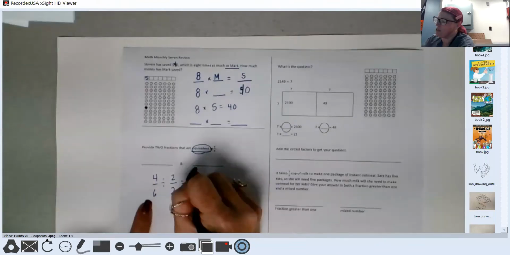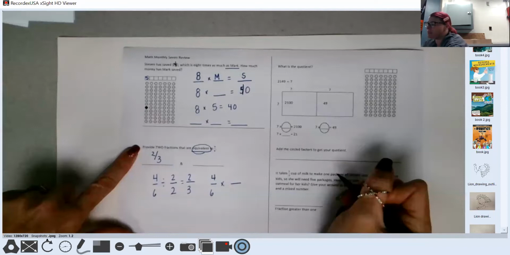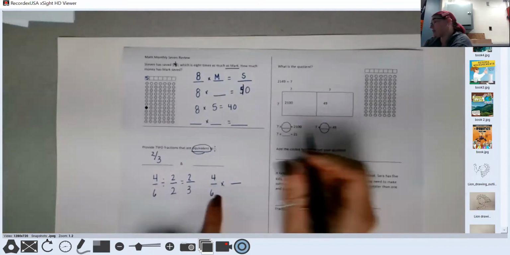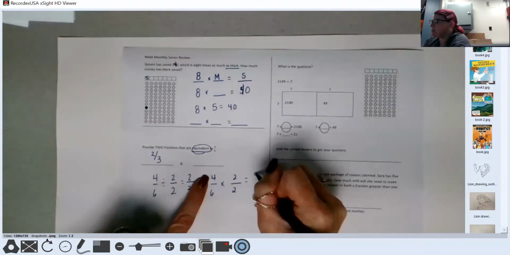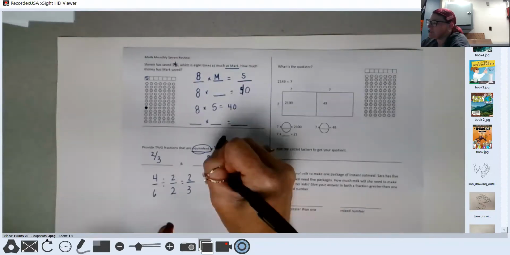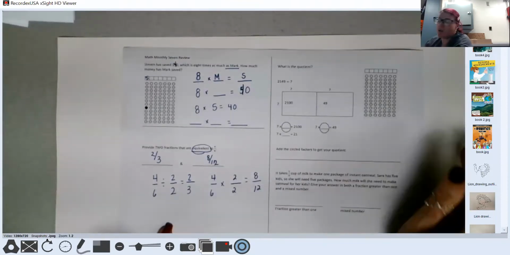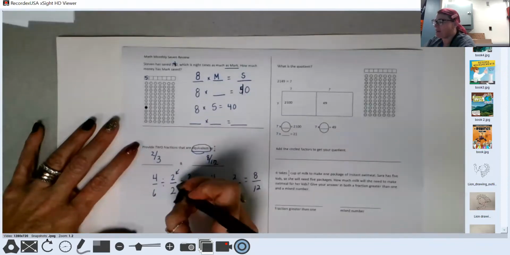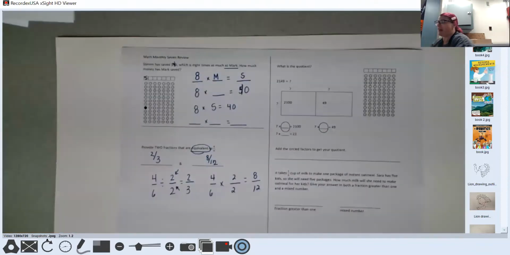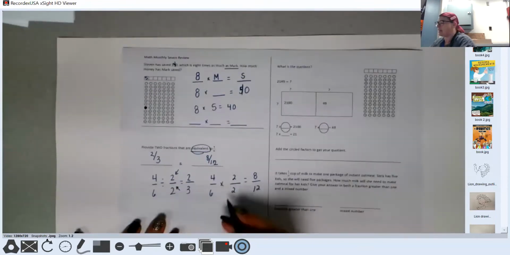That's 3. So 2/3 is one fraction that is equivalent to 4/6. And then I'm just going to multiply this one by 2/2. So 4 times 2 is 8. 6 times 2 is 12. 8/12 is also an equivalent fraction of 4/6. So what I have to remember here is whatever I do to the top, I have to do to the bottom. It has to be the same. I could do 2 times 2 and then 3 times 3, either way.